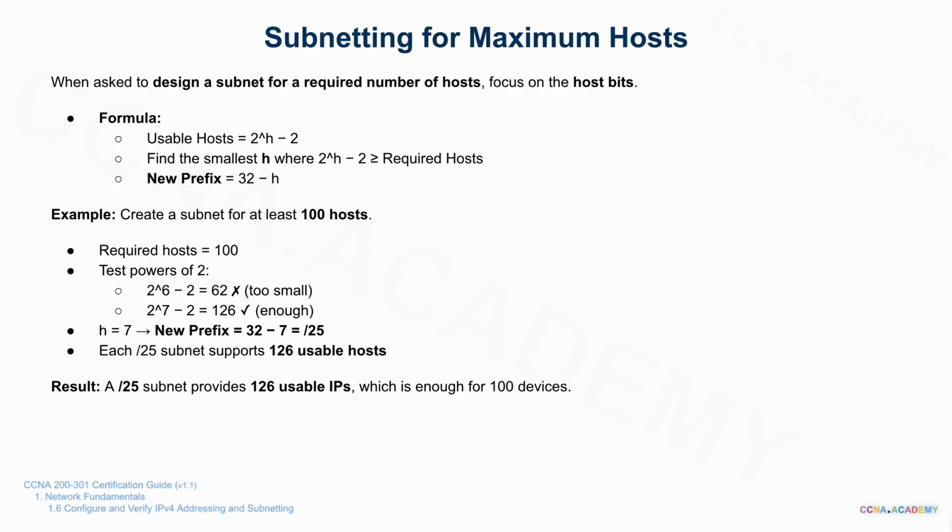That means we need 7 host bits. Now, to find the prefix, subtract 7 from 32. 32 minus 7 equals /25. A /25 subnet supports 126 usable hosts, which is more than enough for 100 devices.